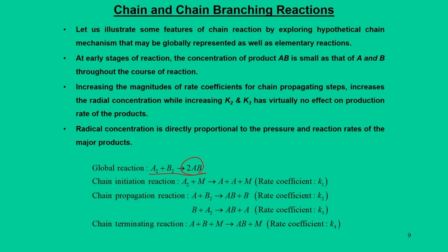First, A2, by colliding with some molecule M, can form A plus M, and this A, when it sees B2, can form AB, and this B, when it sees A2 again, can form AB plus A. Through this process the AB concentration gets built up, and when the chain terminates, finally what remains is AB.